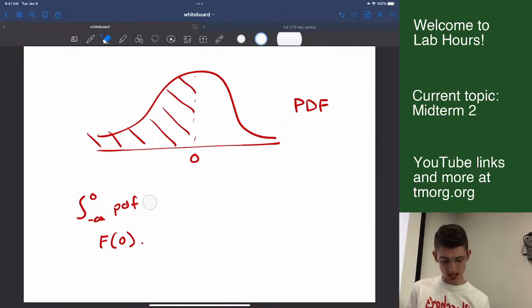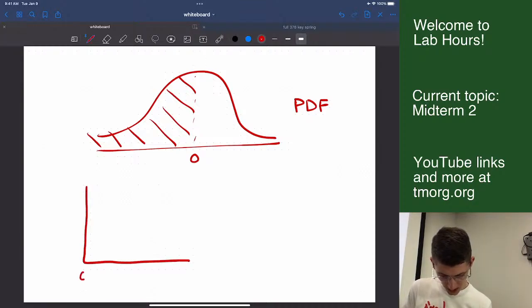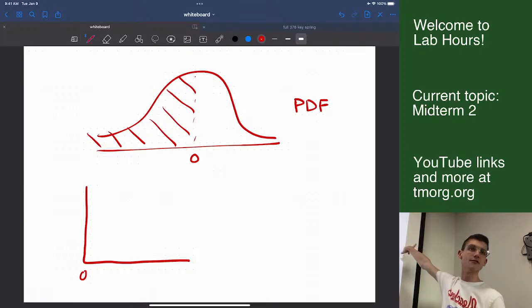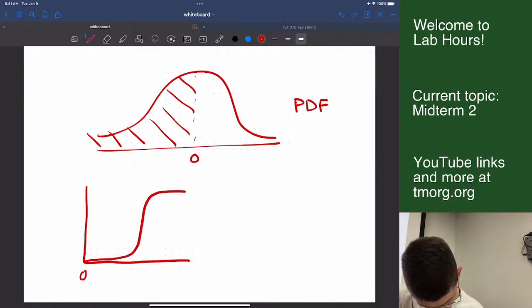Okay? Because big F of 0, here's the fun fact. This is what the CDF of the normal distribution looks like. CDFs start at 0. So if I go all the way to -infinity on this PDF and start to integrate from the left, I'm going to start at 0. I don't have any distribution under the curve at the far left. So it's small, small, small, small, and then we get up to here, and we go like that.